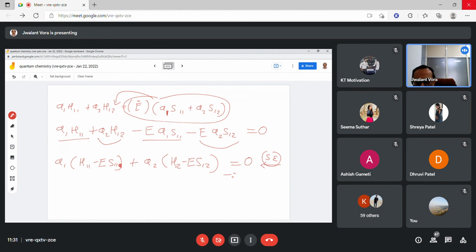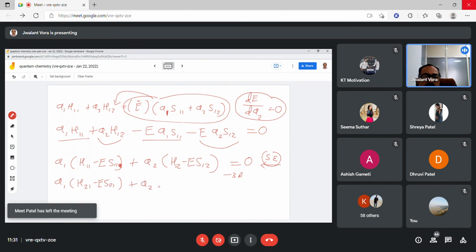Equation number 3A. Similarly, if you carry out the differentiation of energy with respect to A2 and place it equal to 0, then we will get the second equation: A1 H21 minus ES21 plus A2 H22 minus ES22. This will become equal to 0. This is the second secular equation. Let this be equation number 3B.